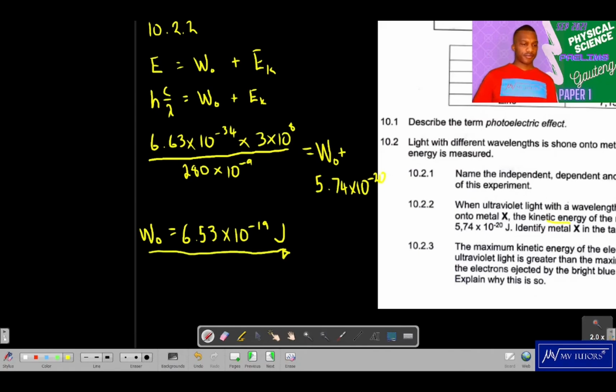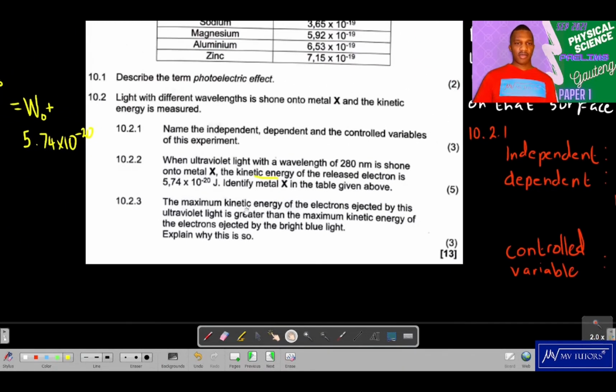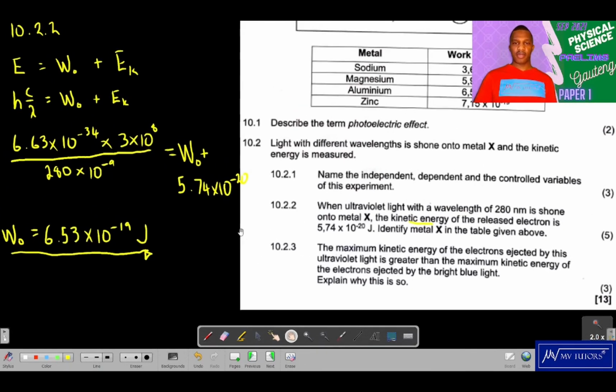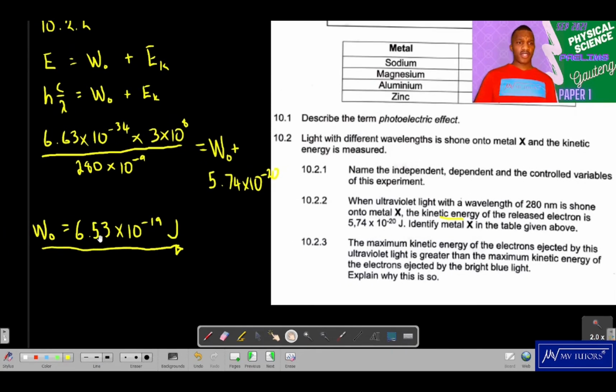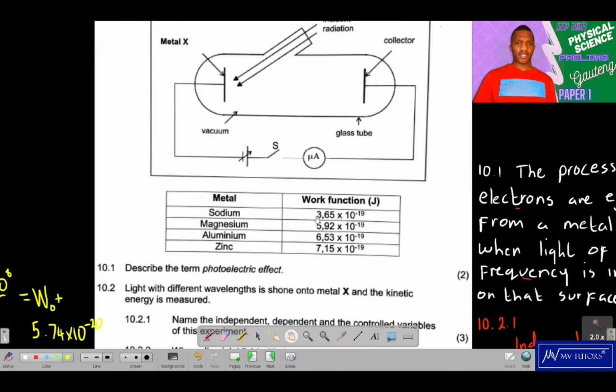All right, let's now go to the last question, which says that the maximum kinetic energy of the electrons ejected. Oh, wait 1 minute. I just remembered that we are supposed to identify metal X in the table above. So if our work function is 6.53, we need to come back here and say which one of these is 6.53.